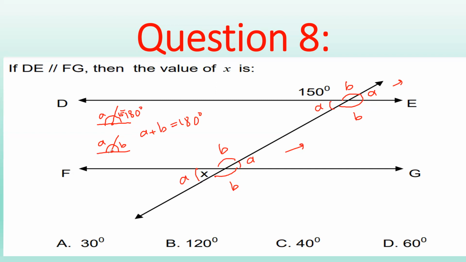If you complete it, another 180 here, it makes 360. The total full circle is 360. Half is 180. So let's use this information and calculate our answer.